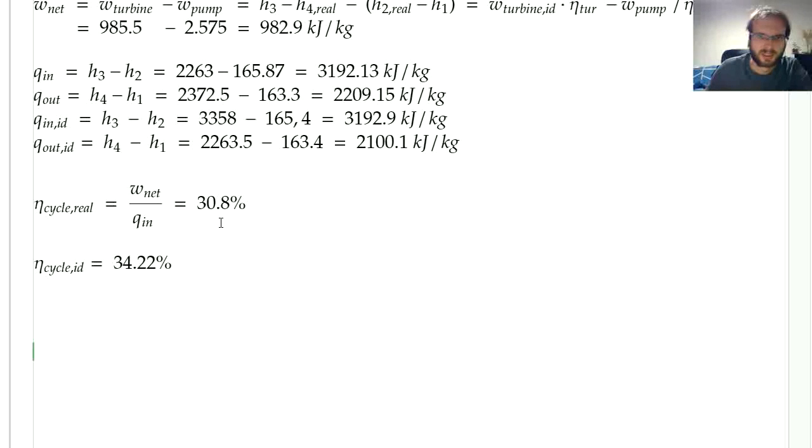So the decrease in efficiency is almost 10%, because it's about 3.4 percentage points from the original one. And 3.4 from 34 is a 10% decrease in power plant efficiency. Okay, so that's all for the first tutorial in Rankine cycles.